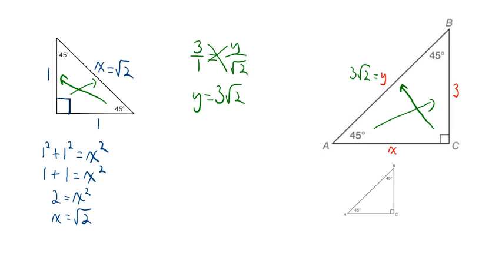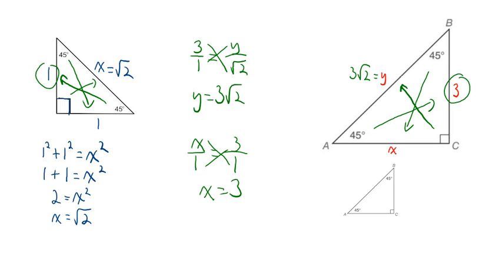All right, now let's find x. x is across from the 45-degree angle, so it corresponds to 1. So I'm going to say x is to 1 as 3, which is across from a 45-degree angle, is to 1. I'm going to cross multiply. 1x equals 3.